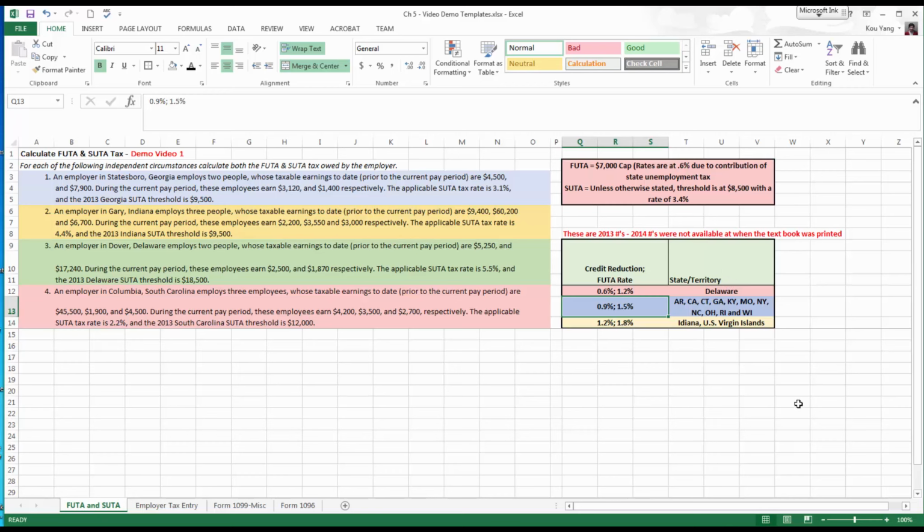As far as SUTA tax rates go, employers are assigned a designated tax rate based on employee turnover rates by their state, at the beginning of the year. Keep in mind that SUTA tax rates can range from 0% to as high as 12.27%. As you can see in each scenario, the SUTA tax rate will be given to us.